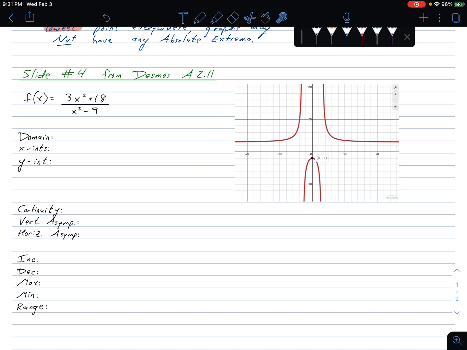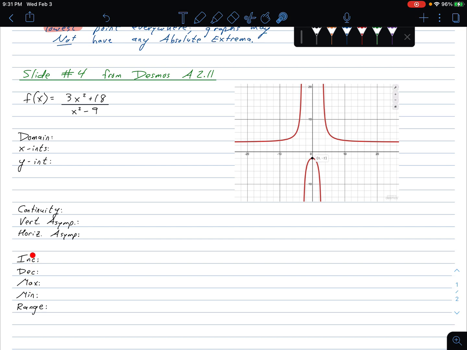Now, I wrote them in a different order. You have on your Desmos domain, and then it says range. I put that at the bottom because it's kind of the hardest to find, and right now the least important until we learn inverses. And then it was x and y intercepts. I put continuity up here because it makes sense for me to put it up here. And then I put vertical and horizontal and increasing, decreasing, max and mins. Those 4 are related.